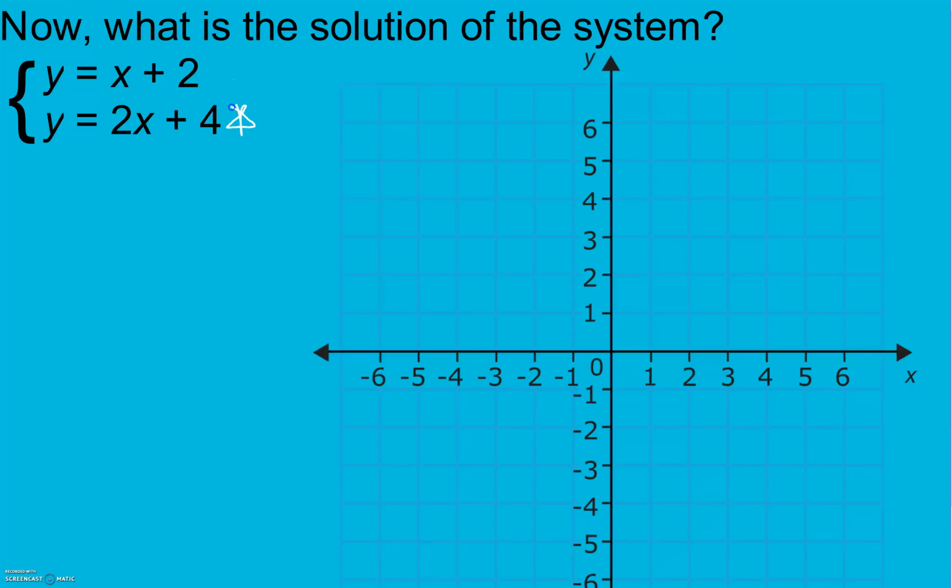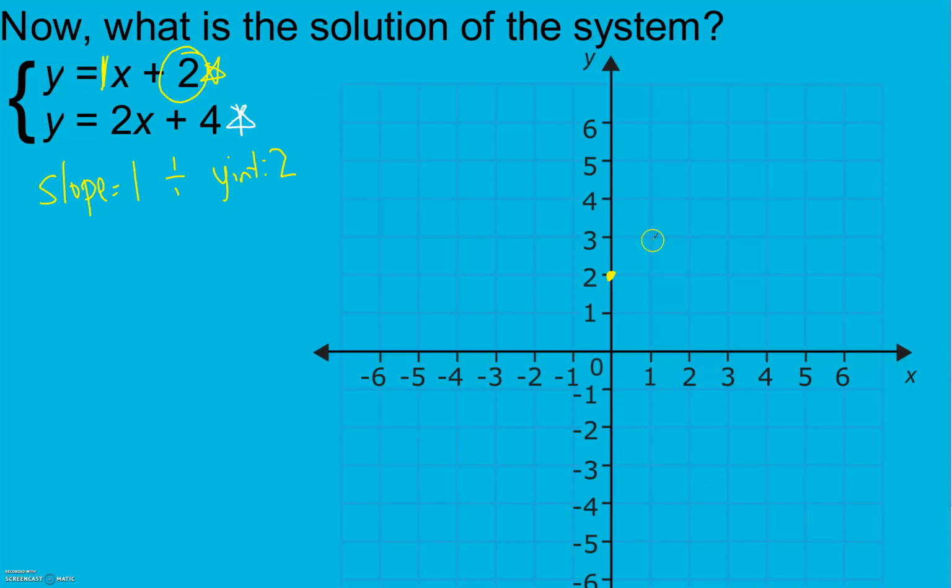Okay, I have two lines, so I'm going to graph them both and find the intersection. With my first line, my slope, if there isn't a number there, remember it's 1. So I'm going to go up 1 over 1. My y-intercept is at 2 again.